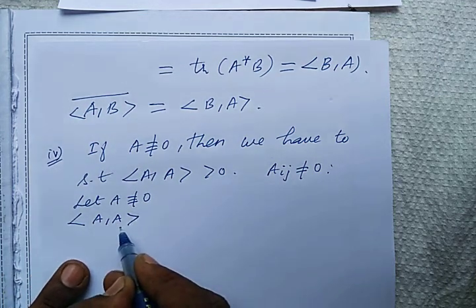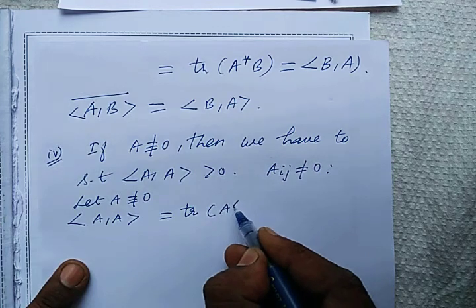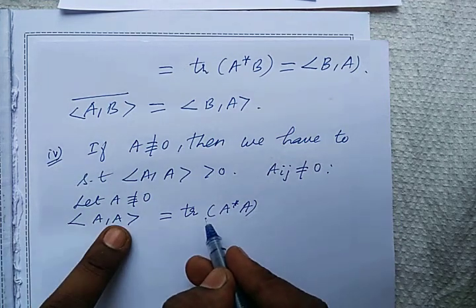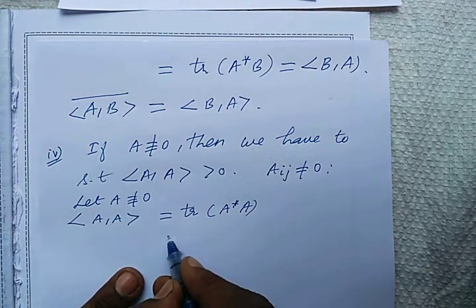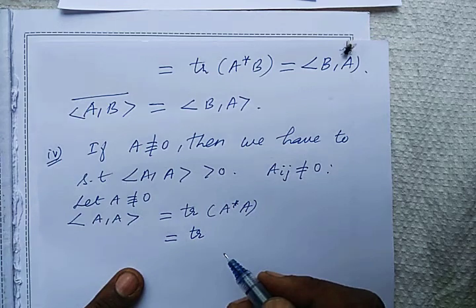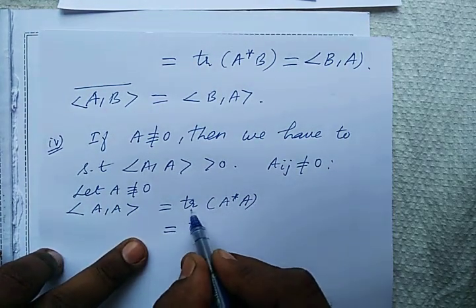What is the inner product of A comma A? By the definition, this is equal to trace of A star A. Instead of B here we have got A, so A star. Trace of A star A. What is trace?